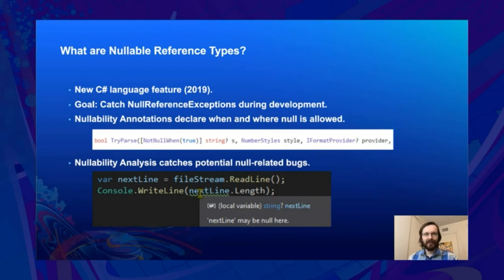Next, nullability warnings are reported by the C# compiler to catch potential null-related bugs for you. These annotations give the compiler the necessary knowledge to detect null-related problems, such as passing a null parameter where it's not expected, using a potentially null value without checking, and other subtler problems too. Let me give you some practical examples.